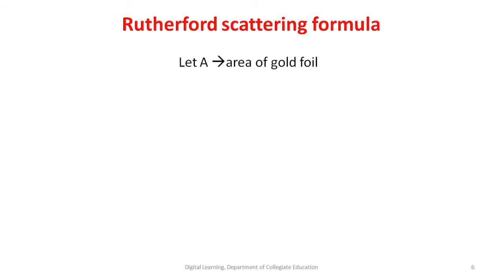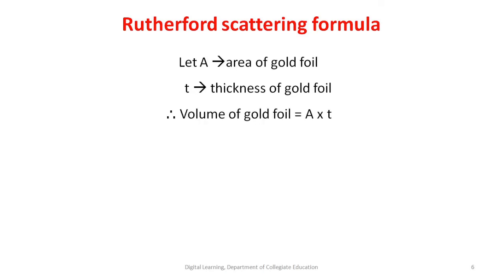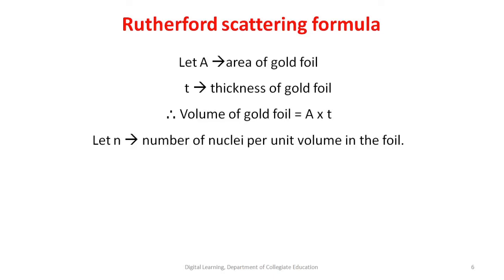Let A be the area of the gold foil and T the thickness of the gold. Then the volume of the gold foil is area into thickness, that is A into T. Let N be the number of nuclei per unit volume in the foil.